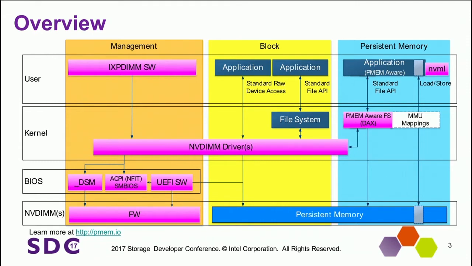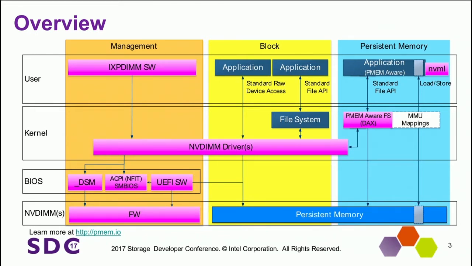This completely bypasses the kernel, so no context switching, no page caching, and gives applications the shortest code path to persistence. However, this requires that applications are re-architected to understand persistent memory using the persistent memory programming model. And this is where NVML comes in. NVML is a framework of libraries that make persistent memory programming easier for applications.